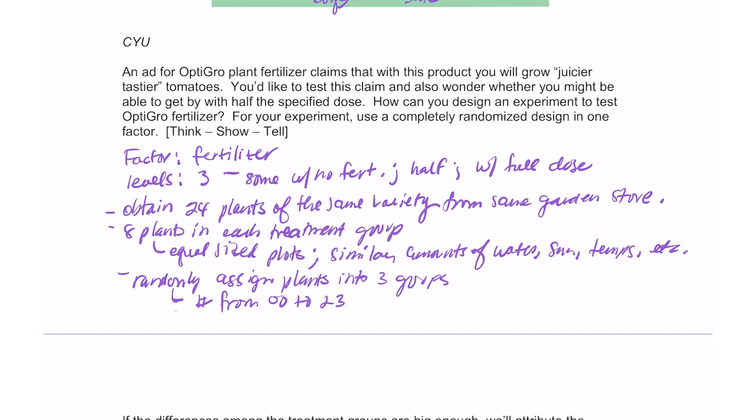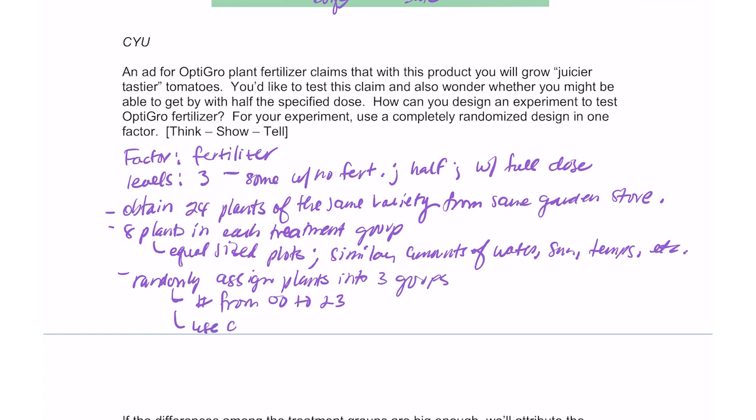And we can just use a random number table and look at 2 digits at a time as we go across the row. Every 2-digit number that comes out that's between 00 and 23 will be assigned to a treatment group. So you could do the first 8 will go to the no fertilizer group, and the second 8 will go to half, and then the last 8 can go to the full dose. Okay, something like that.